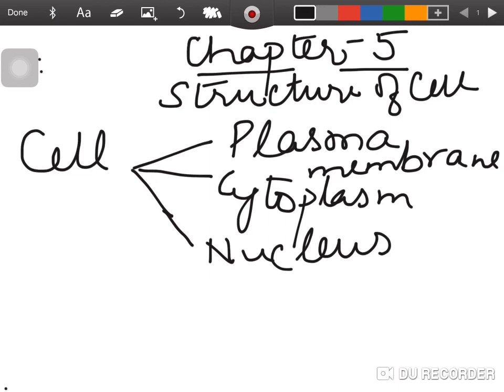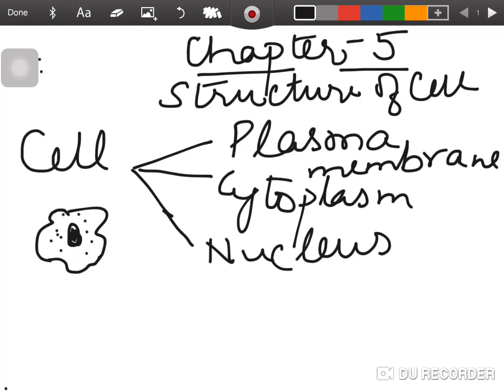Now today we are going to discuss the plasma membrane. Actually you might have seen this cell. It is very simple, you just see that it is a cheek cell. This is the nucleus present over here, and there are dots present over here.